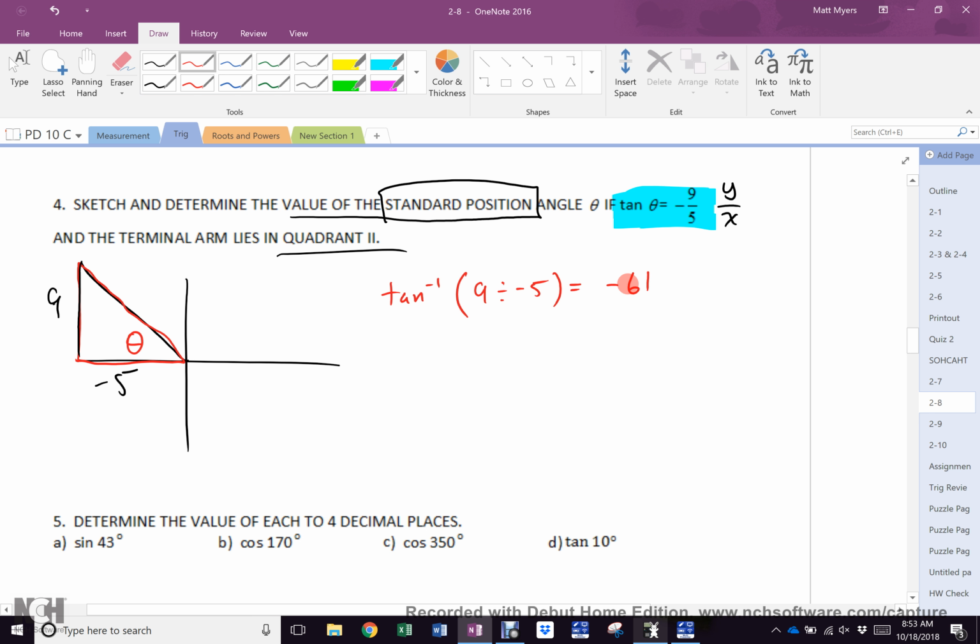Which means, where is that 61? There, right? Why is it negative? Because I went clockwise for my reference angle, yes? If this is 61, what is my theta?